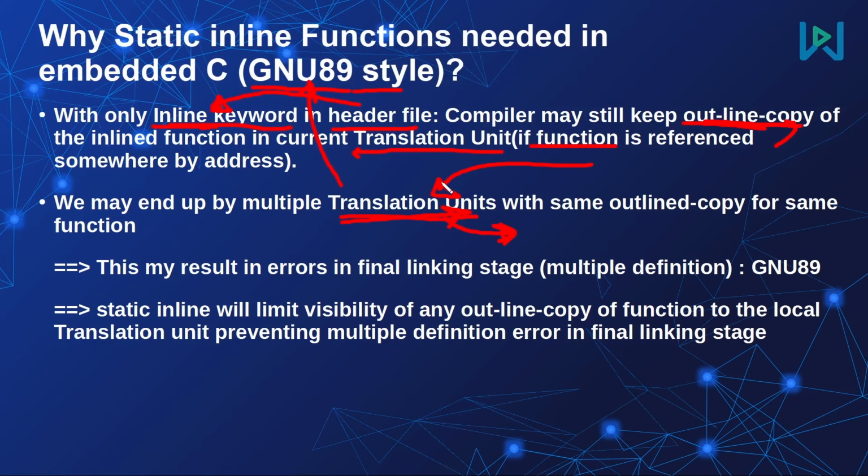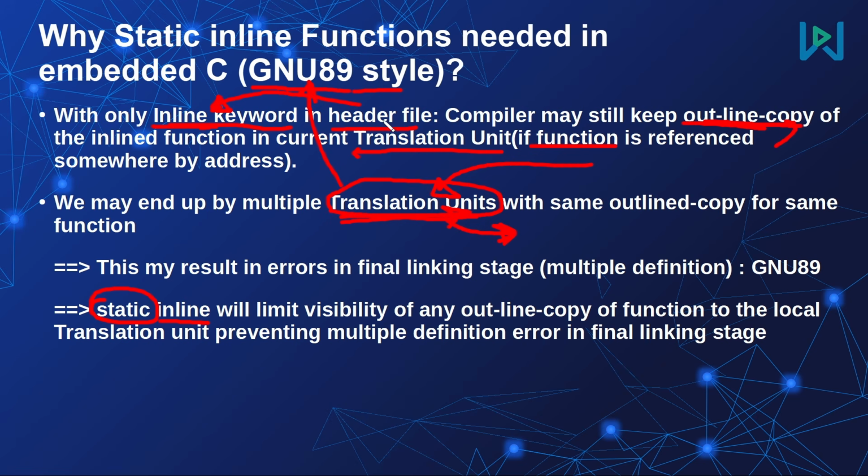The solution will be adding this static keyword to our inline function. With static, we are limiting the visibility of our inline function to the translation unit that is invoking this static inline function.